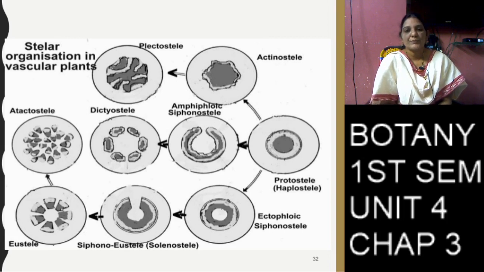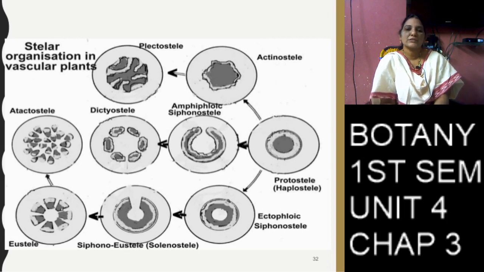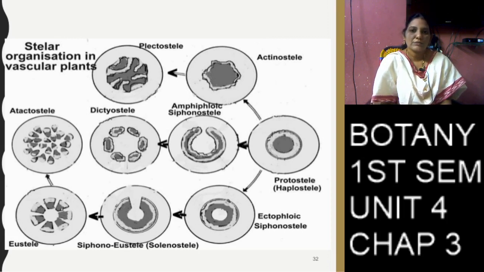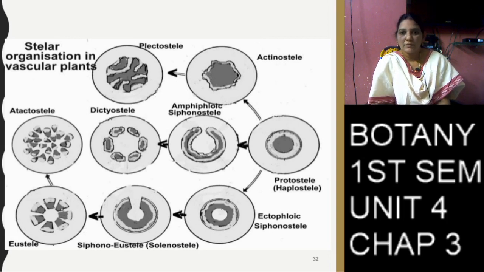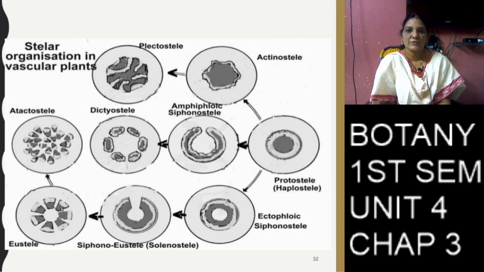The middle of the white round-shaped structure is called the medulla. The stele having a medulla is called siphonostele. The siphonostele is again divided into two types: one is ectophloic siphonostele, another one is amphiphloic siphonostele.